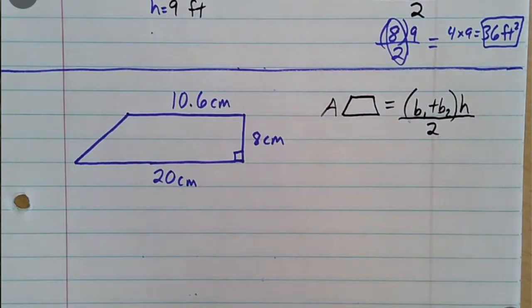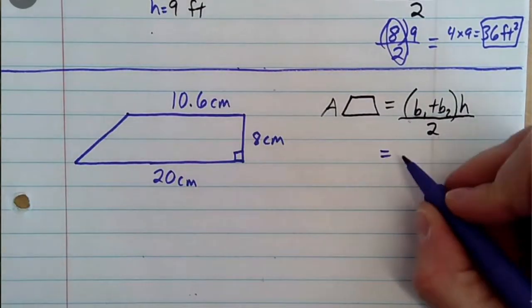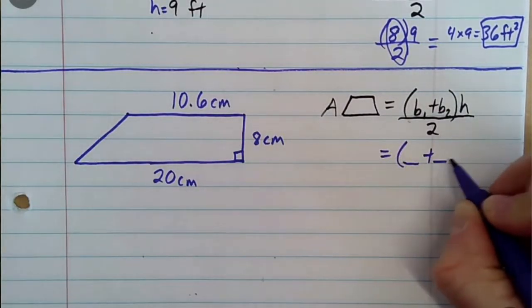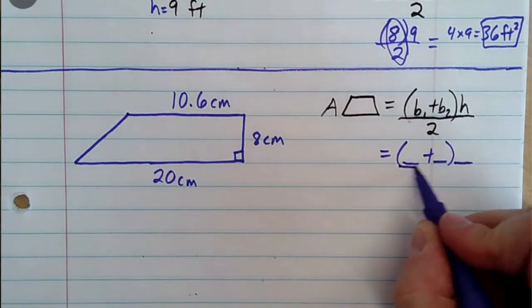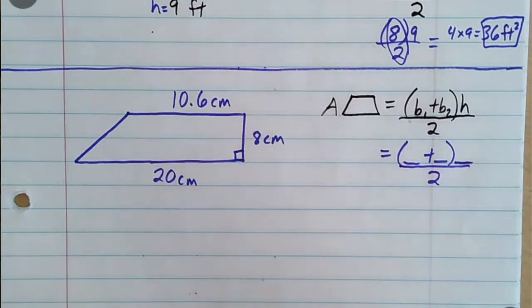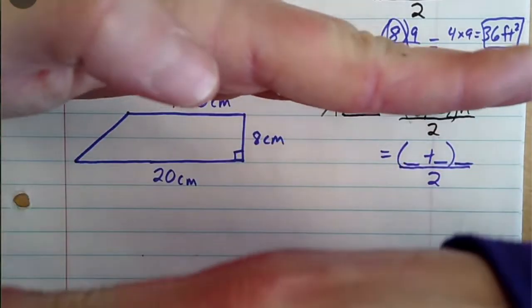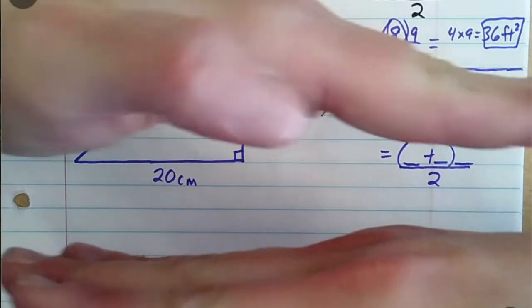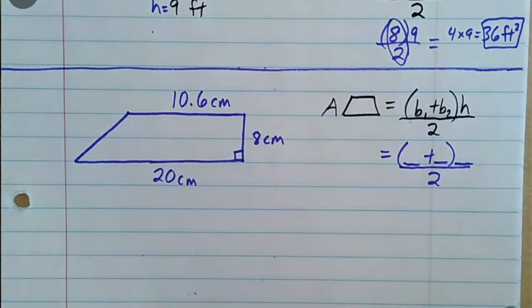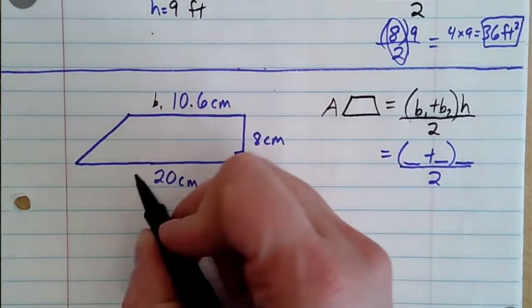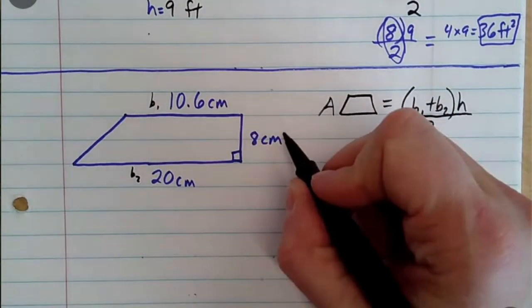You're ready to fill in your blanks. So your area is going to equal blank plus blank times blank divided by 2. Remember, your bases, the ones you add together, are parallel. So if you were to show me with your hands, you should be showing me this. The 10.6 and the 20 are both parallel to each other. So this is like your base 1, this is like your base 2, which means this is your height.